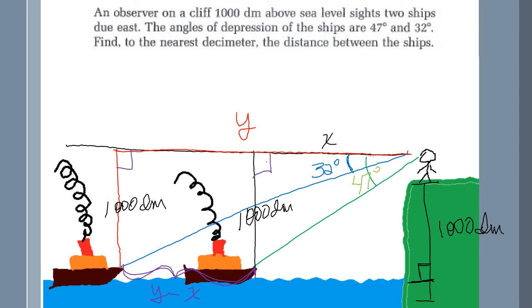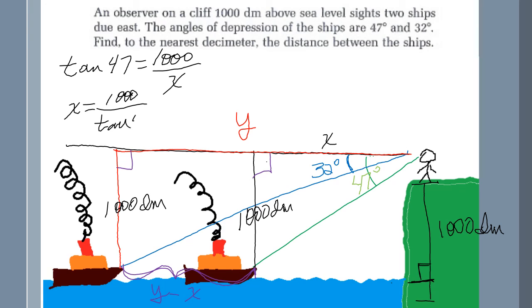So we're going to solve for x first. We're going to use 47 degrees. So the tangent of 47 is equal to the opposite, which is 1,000, over the adjacent, which is x. And we're going to switch those out again. So x is going to equal 1,000 divided by the tangent of 47.